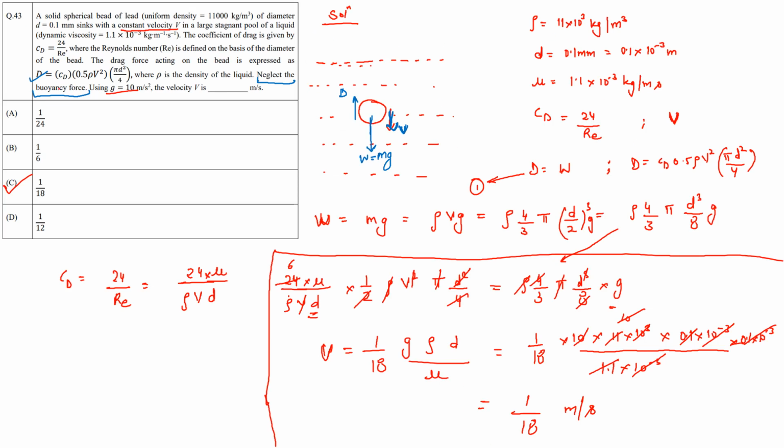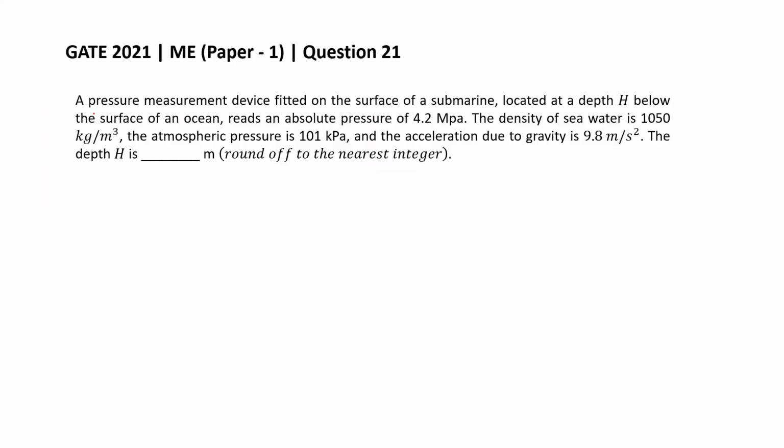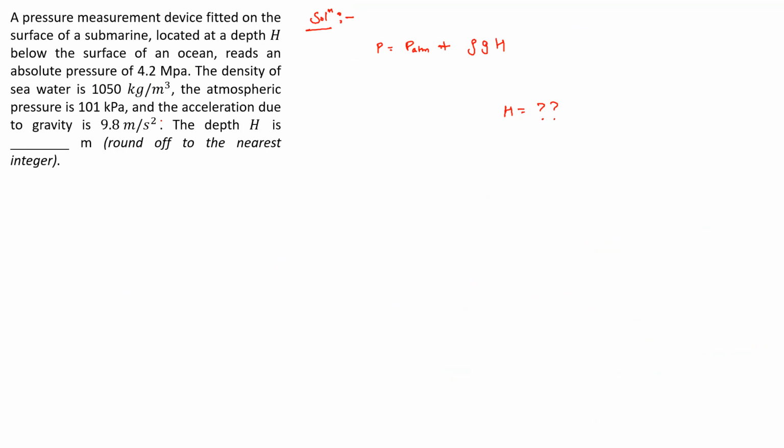Then for the ease of calculation you can take G as 10. But in this question, they have very specifically mentioned that G should be 9.8. And again, if nothing is given, take G as 9.8 or 9.81 if you want to be even more precise, but don't take it as 10.